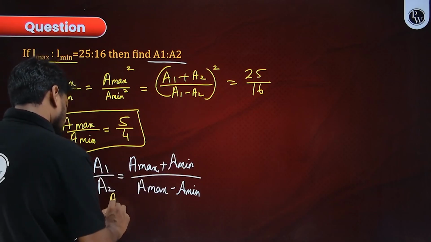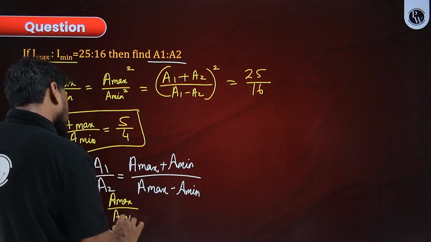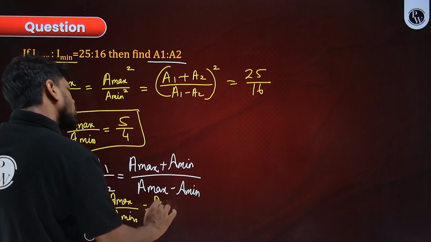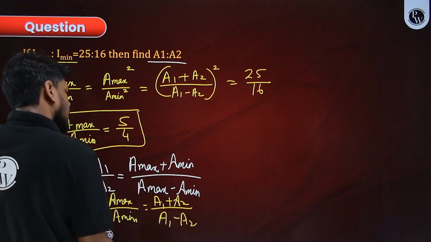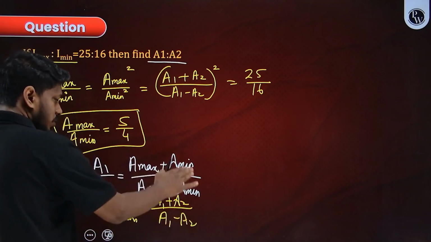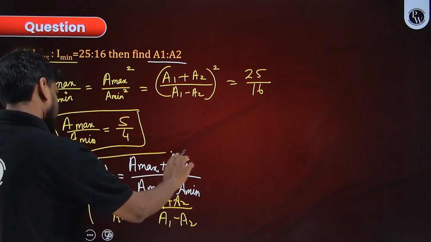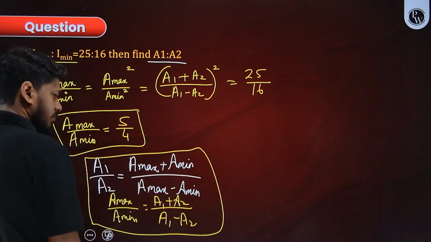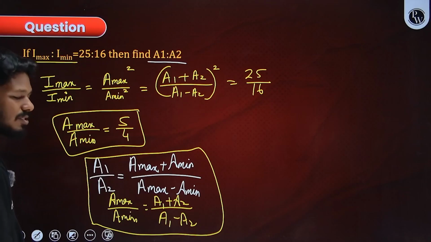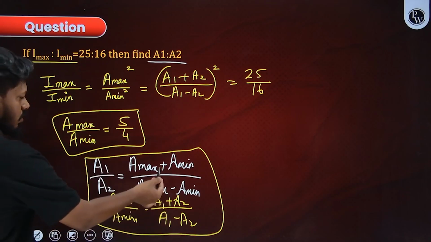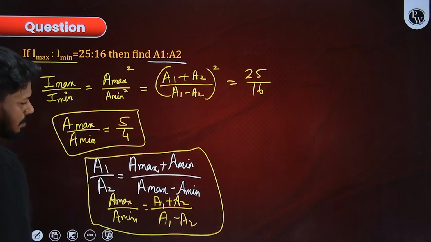If they have given A1, A2 and they are asking A max by A minima, then it is going to be A1 plus A2 divided by A1 minus A2. And if they are giving this one and they are asking this, just go for that. Remember this formula. A max is equal to A1 plus A2, A minimum is equal to A1 minus A2. If they are giving A1 by A2, then A max plus A minima divided by A max minus A minima.